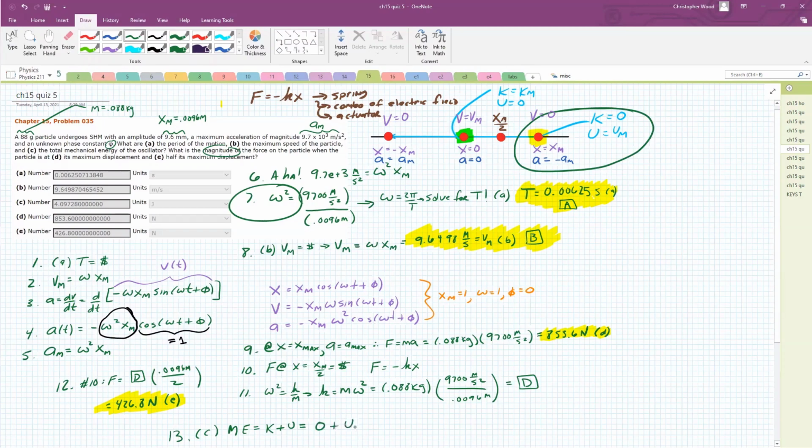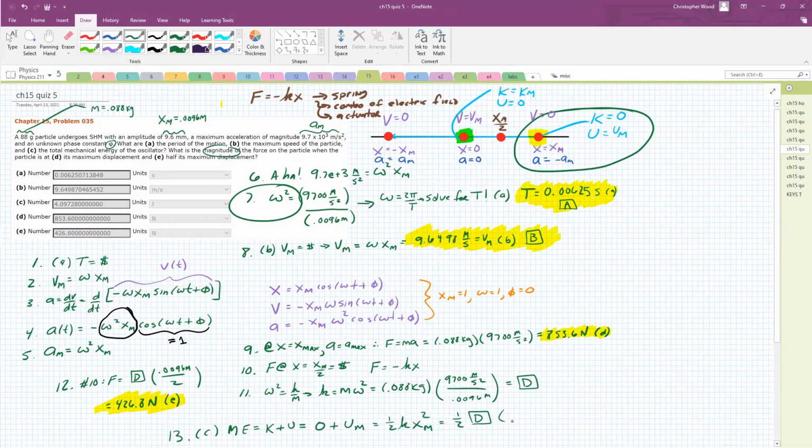And the potential energy is whatever its maximum value is. So that's going to equal 1/2 k x_m squared. I just figured that out, didn't I? Where's k? Yes, it's in D. K is in memory location D.